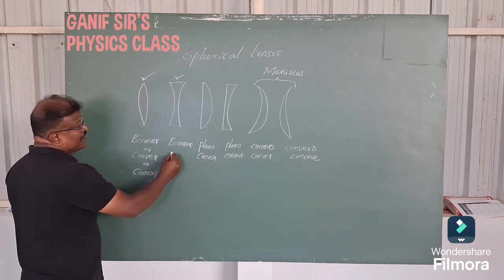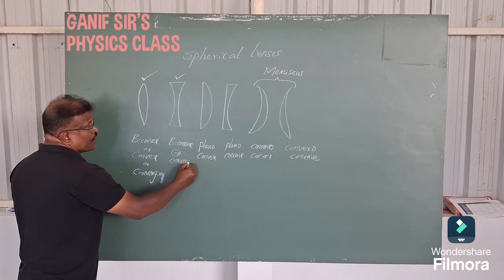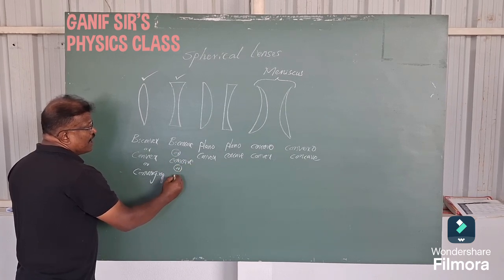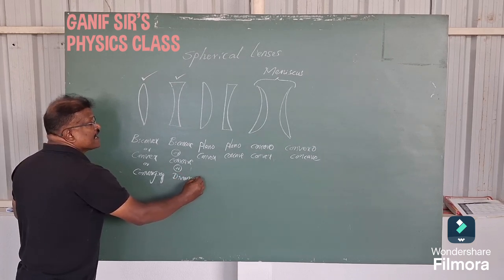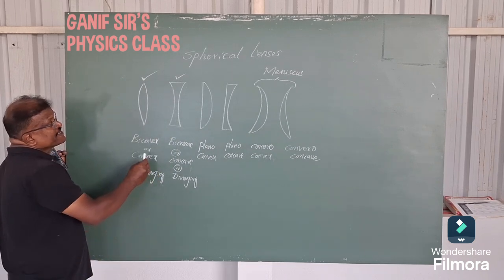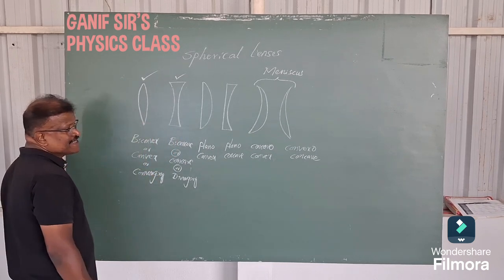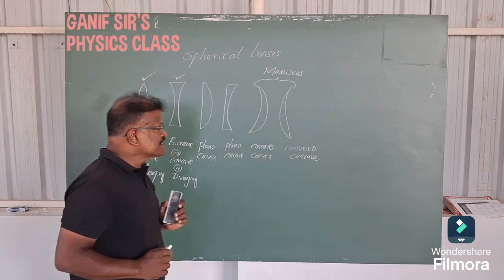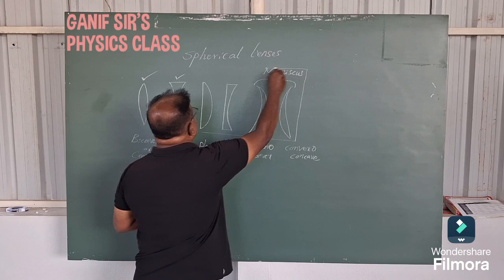And this biconcave lens I call simply a concave lens, or a diverging lens, right?